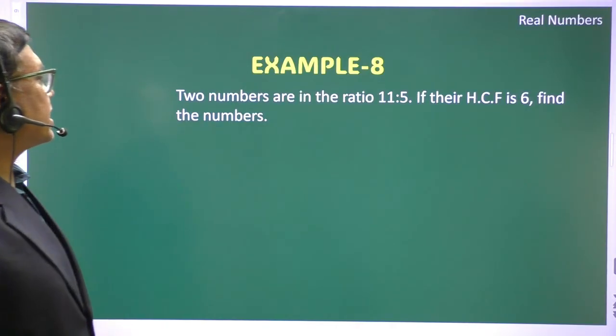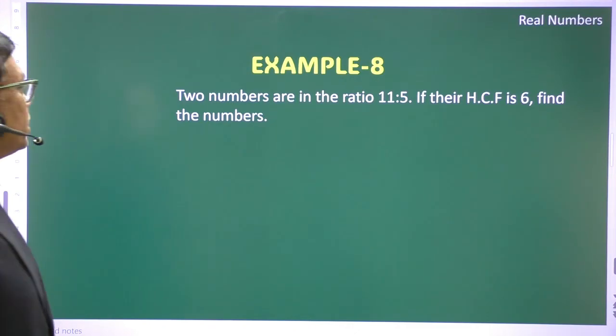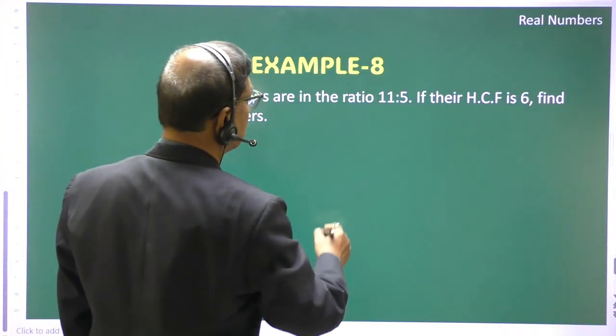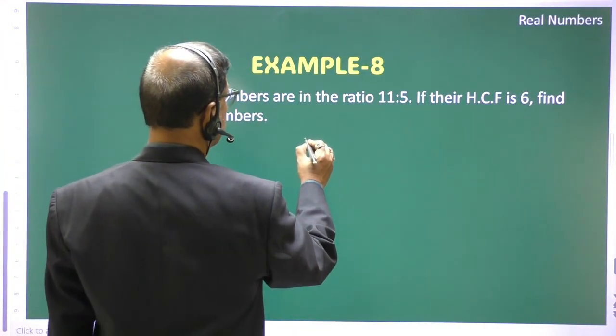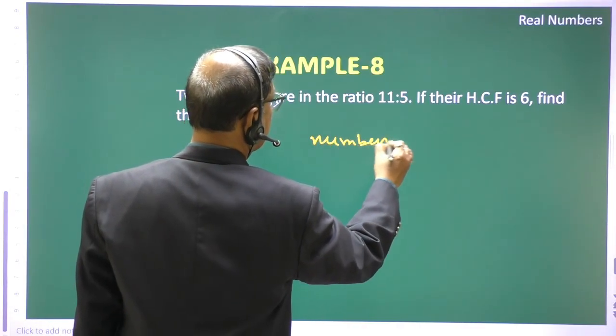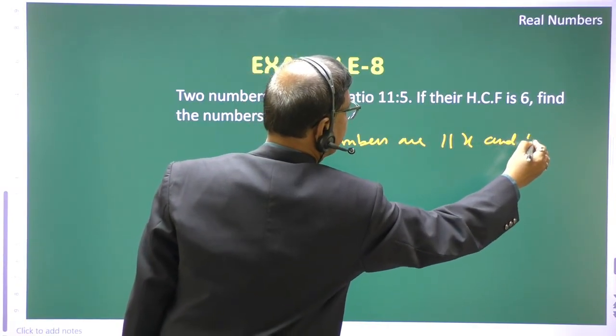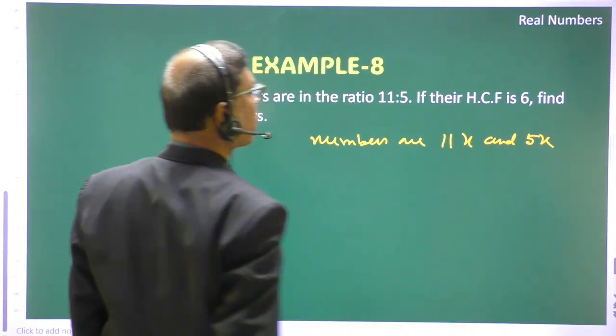Two numbers are in the ratio 11:5. If their HCF is 6, find the numbers. Since the two numbers are in the ratio 11:5, we can consider the numbers as 11x and 5x.